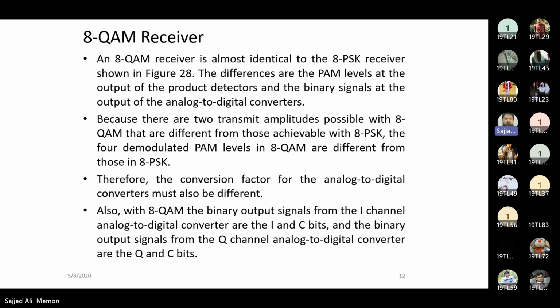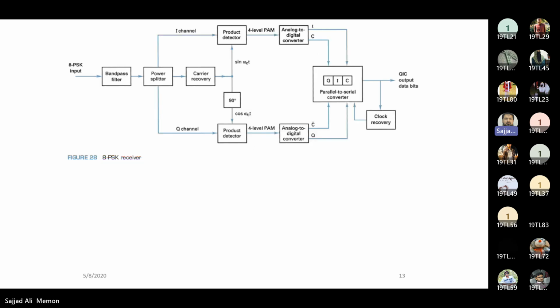Then figure 28 shows the 8QAM receiver, where we have a bandpass filter and a Costas filter. The input will be plus minus 0.541 sine omega ct plus minus 0.541 cos omega ct, or plus minus 1.3 something sine omega ct plus minus something cos omega ct. So that will be the input here.